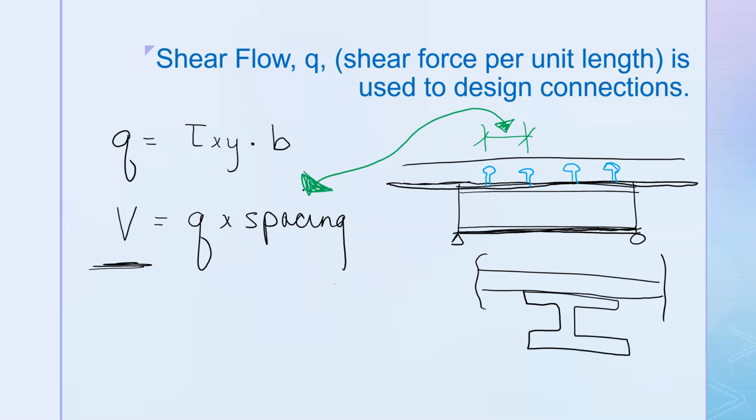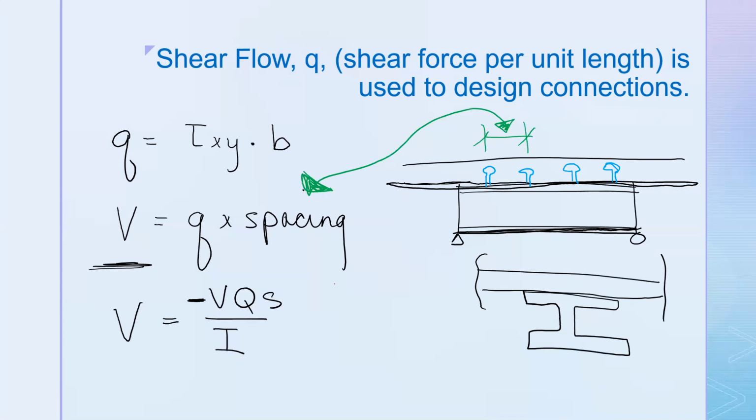And so mathematically, this is VQ over I, and then we would divide by B to get the shear stress, except we're going to turn around and multiply it by B to get the shear flow. So we can just omit the B entirely, and then times S for your spacing. And that negative sign is not necessarily important, but it will tell you the direction.